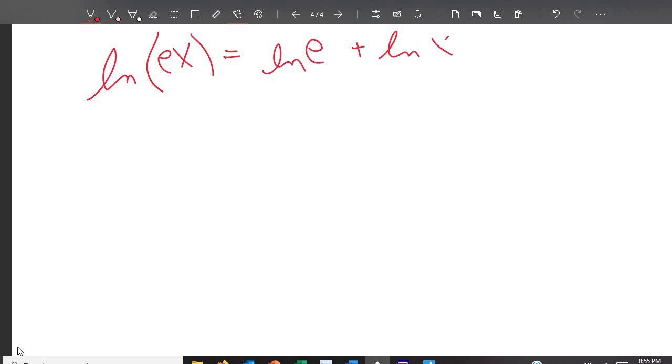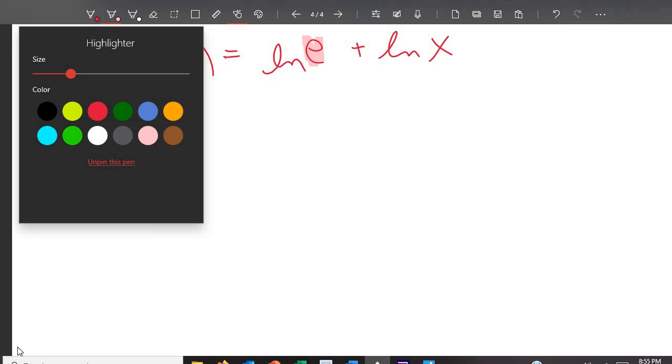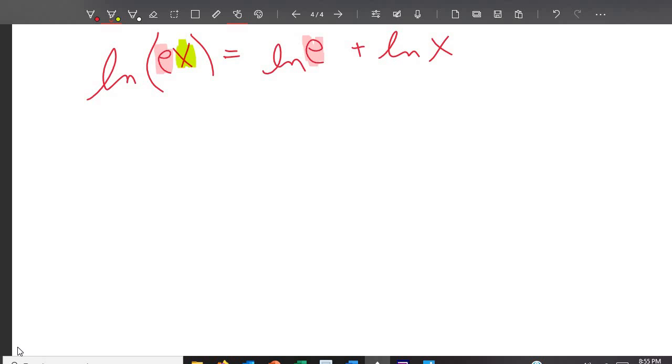Alright, natural logs. Let's say I have the natural log of ex. So it's multiplication. Take the natural log of the e, put a plus sign, take the natural log of the x, and split it apart. Just to make sure that you're seeing what I'm doing, the x is here and the x is here.